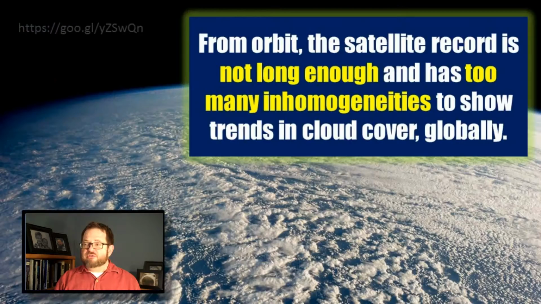The truth of the matter is we're better at that from satellites, but even that's not great. When satellites look down, it's actually quite difficult to decide whether an individual pixel is cloudy or clear. And even then, the satellite record is just not that long yet.